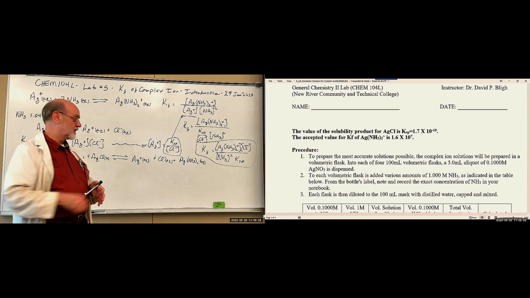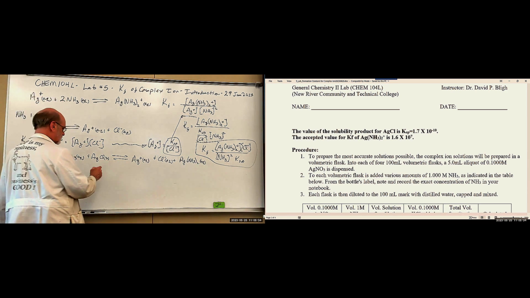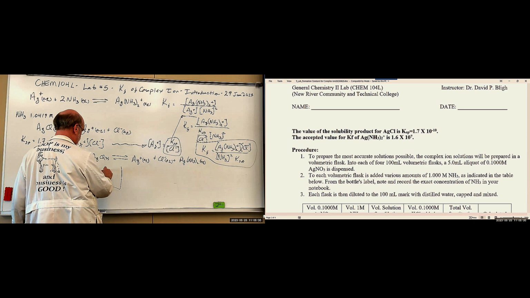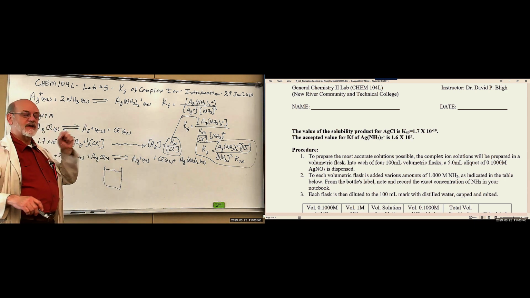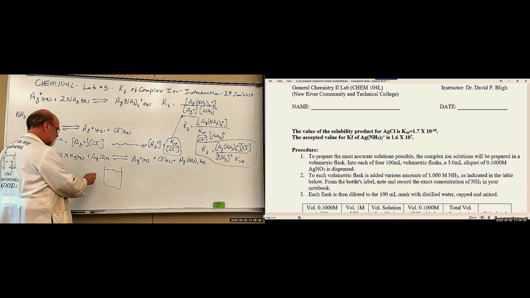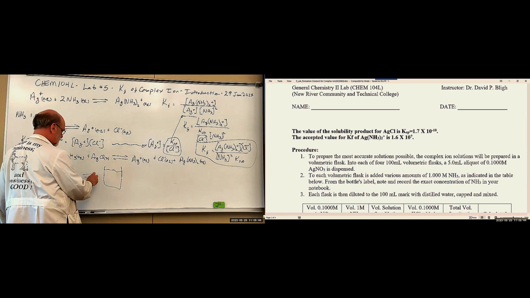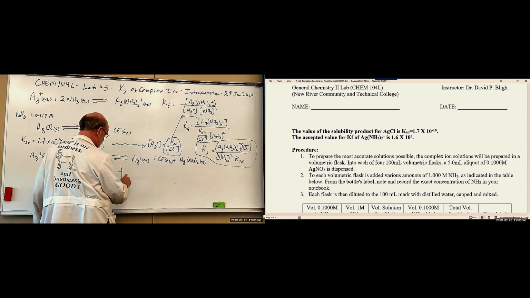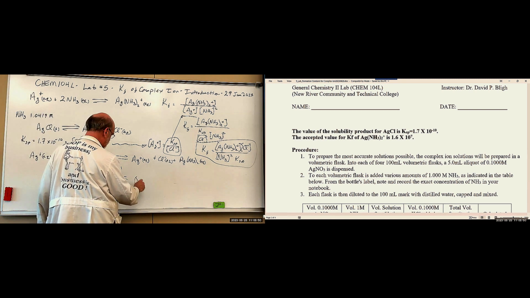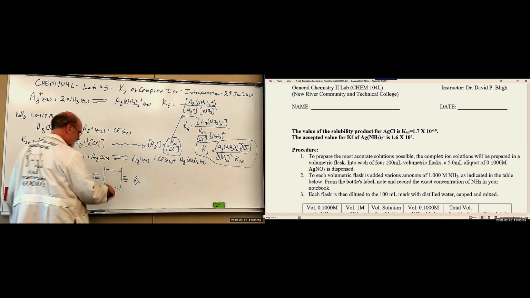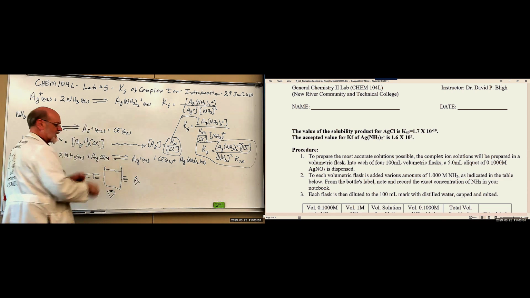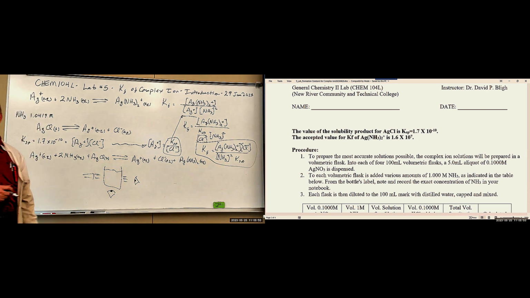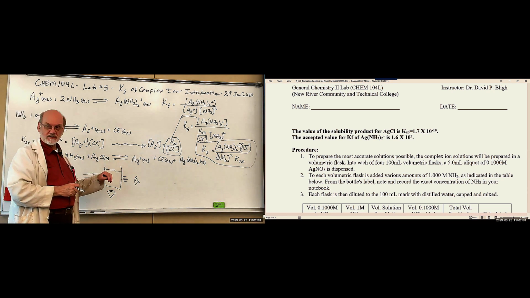So what we do is use the Tyndall effect. Remember that one? If you have a solution and you shine a light through it, you can see the light on this side with your eye, but if you're looking at it from this side, you don't see the light beam in the solution.